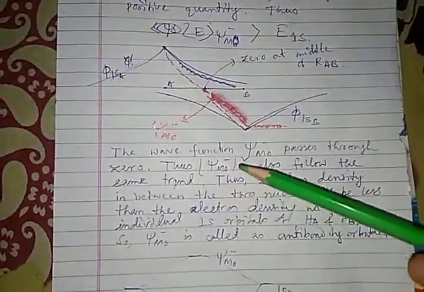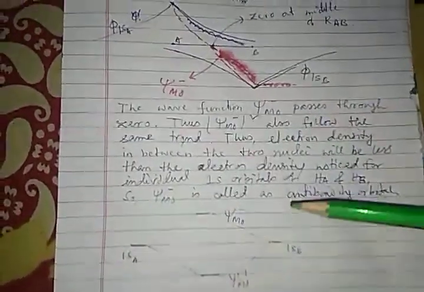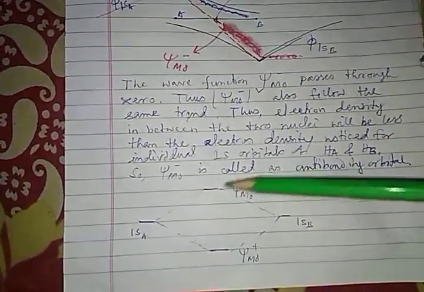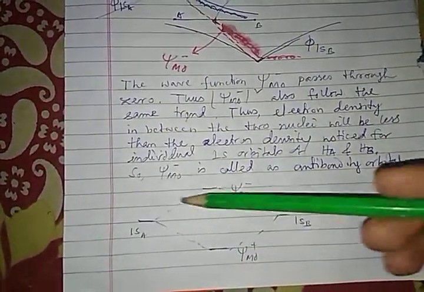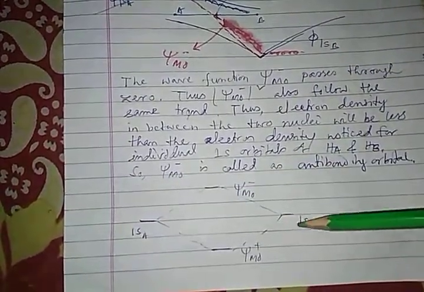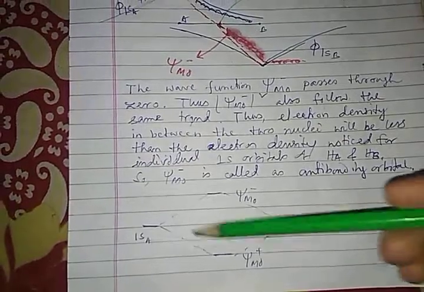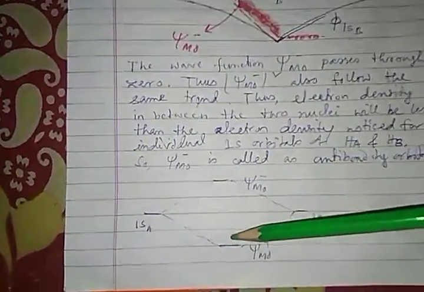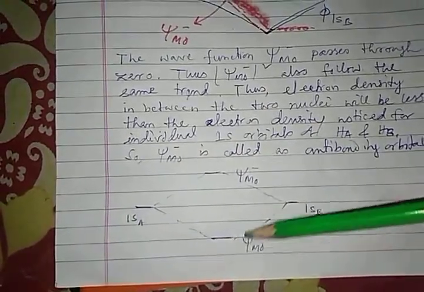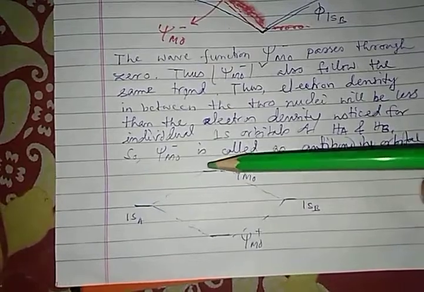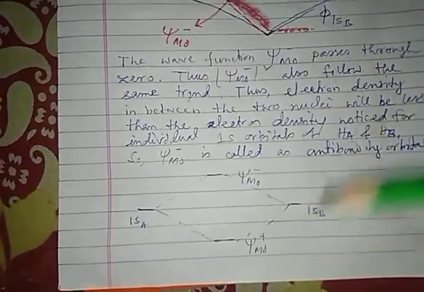So this psi MO minus is called the antibonding molecular orbital, and these two can be presented by a molecular orbital diagram. On the y-axis you have energy. Now 1sa and 1sb form a bonding molecular orbital which is lower than E1s, and an antibonding orbital which has greater energy than E1s.